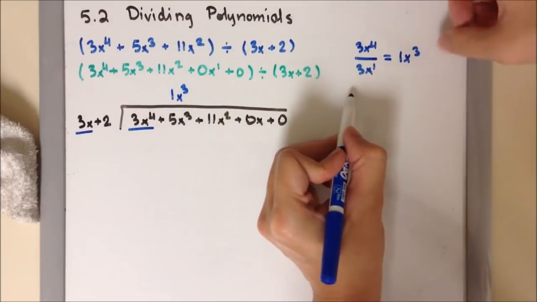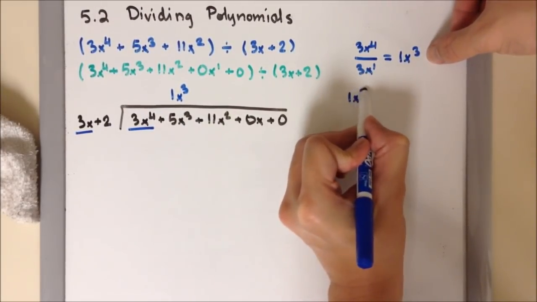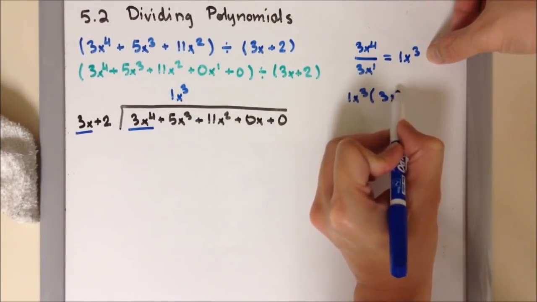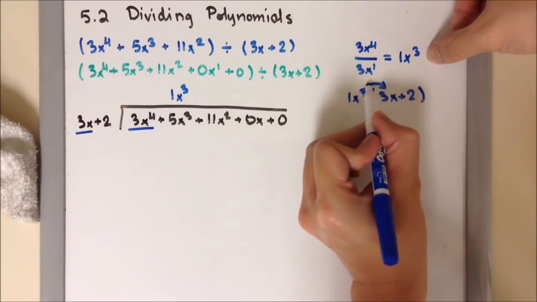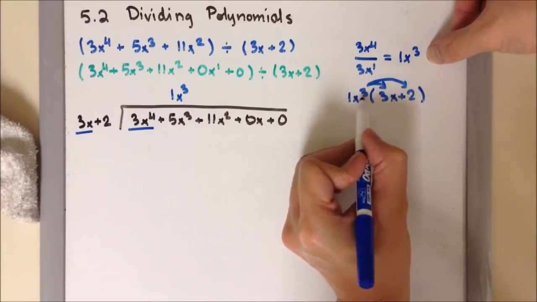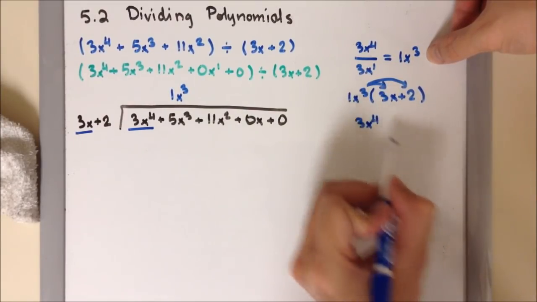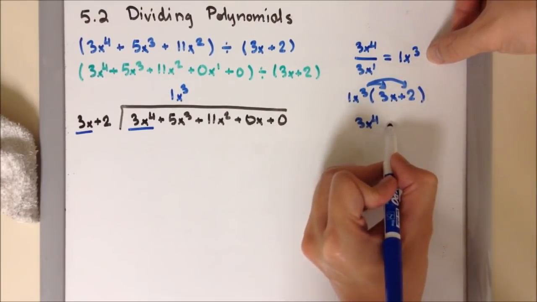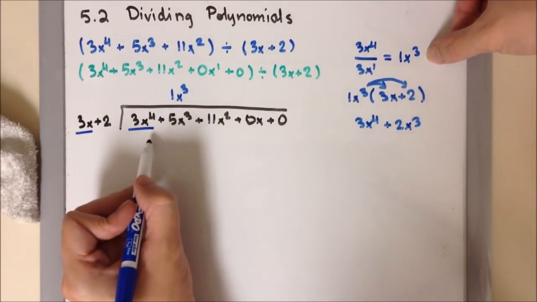And then I'm going to multiply the 1 x to the third power by my divisor, 3x plus 2. So 1 x to the third times 3x will be 3x to the fourth. 1x to the third times 2 will be plus 2x to the third. And then I'm going to bring it over here.